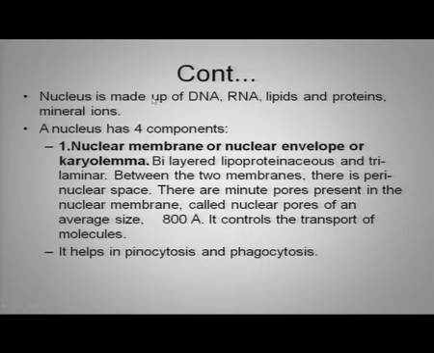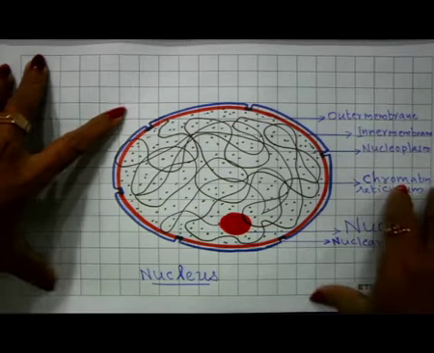The nucleus is made up of DNA, RNA, lipids and proteins along with mineral ions. A nucleus has structurally 4 different components. You can see here the diagram of a typical nucleus.